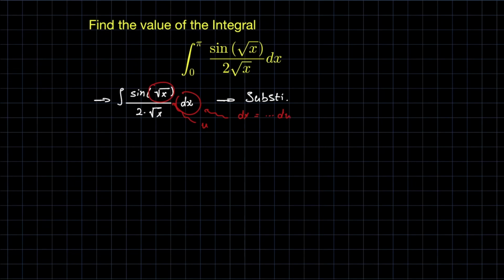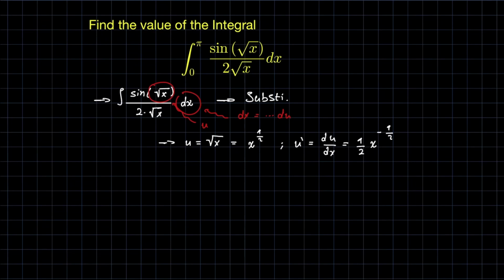I can do that if I take the u and differentiate it. My u is equal to the square root of x, which is equivalent to x to the power of half. When I derive that, u prime, which is equal to du over dx, is equal to, using the power rule, half times x to the power of minus half.